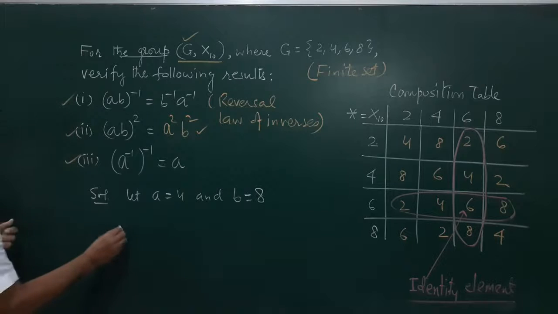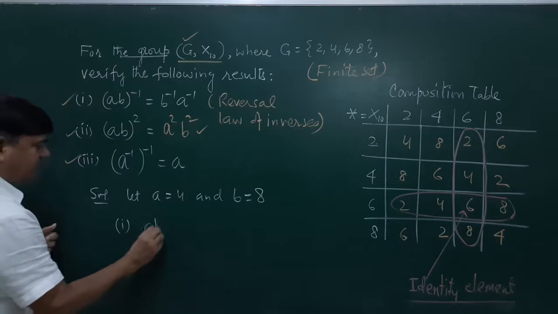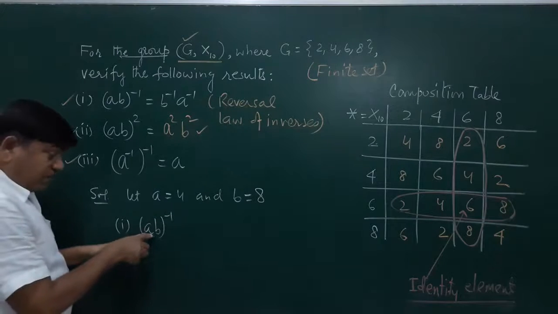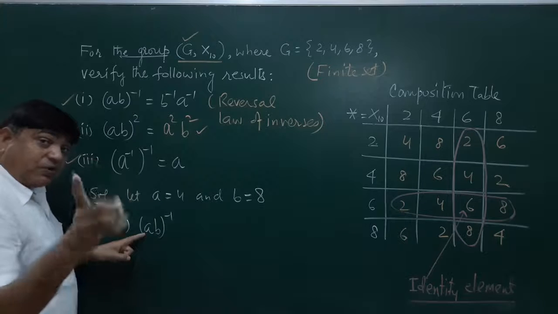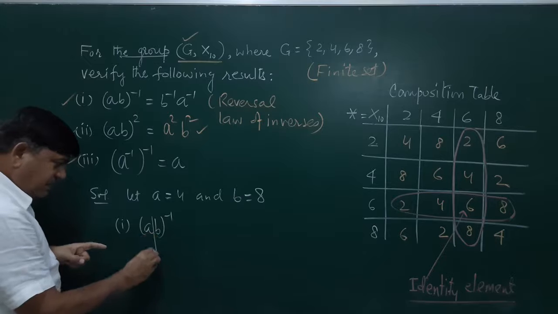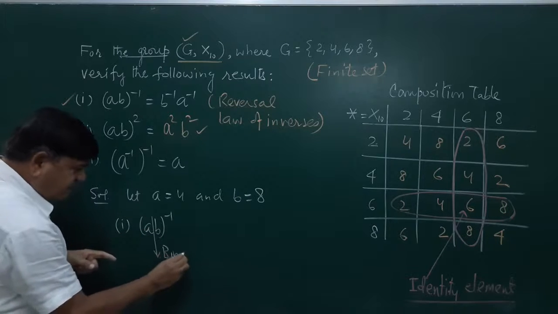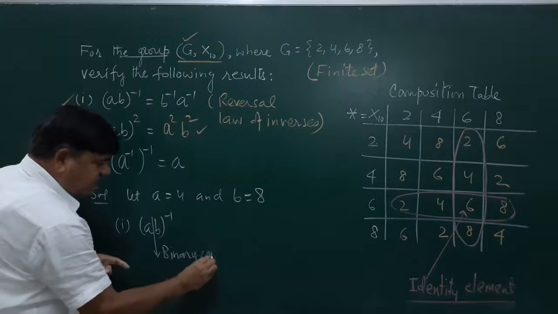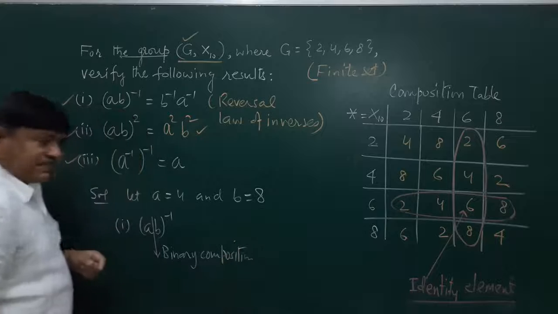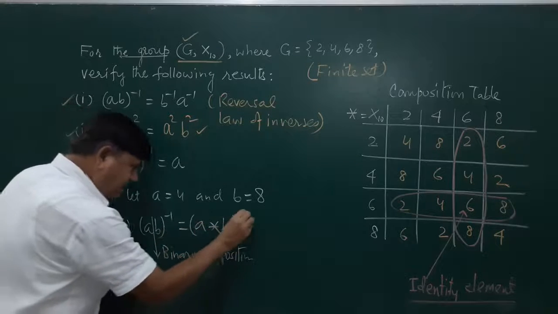Now the first part, (AB) inverse. What do you mean by AB? I told you the symbol between A and B means binary composition. Always remember. So this is A star B inverse.